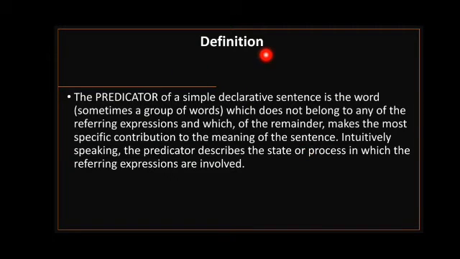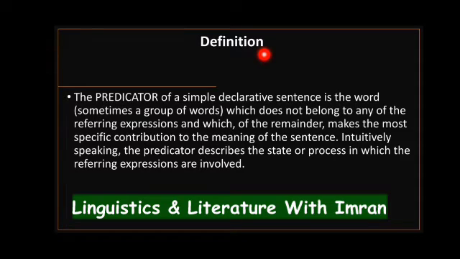So here we will define what a predicator is. The predicator of a simple declarative sentence is a word, sometimes a group of words, which does not belong to any of the referring expressions, as we isolated on the previous slide, and which, of the reminders, makes the most specific contribution to the meaning of the sentence.